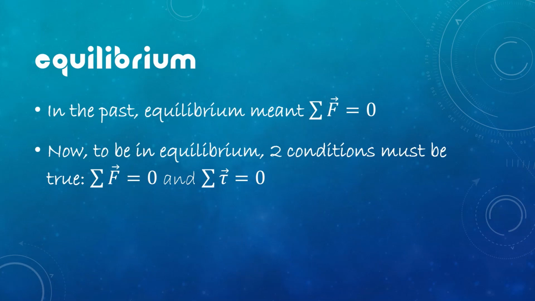So typically we'll set that axis of rotation to be at a point where there is an unknown force, so that the torque from that unknown force is equal to zero, since the radius would be zero. That'll allow us to have only one unknown in our equation and solve for an unknown force. We'll see several example problems showing exactly how to use these two conditions for equilibrium.